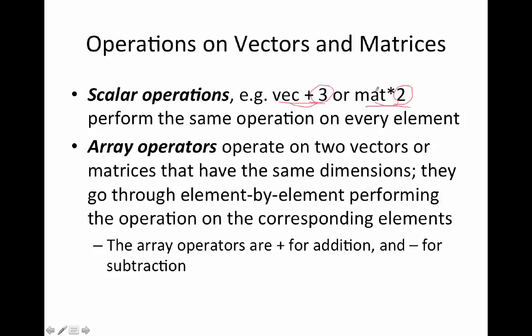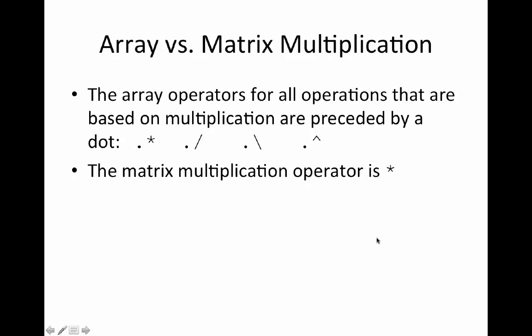So there are a bunch of array operators. The array operators are the plus sign for addition and the minus sign for subtraction. Now the array operators for all operations that are based on multiplication are preceded by a dot. So if you want to multiply two vectors together, again, that have the same dimensions, you say dot star or dot asterisk.